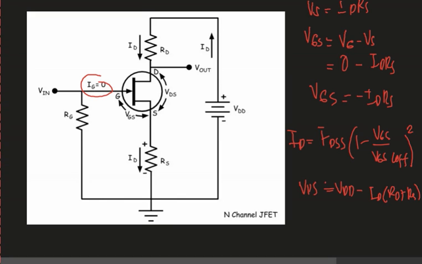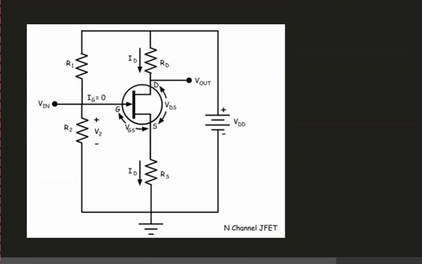Okay, how about if we have a voltage divider? It is still the same process and the same concept we used with the BJT before. We will be using the Thevenin voltage.